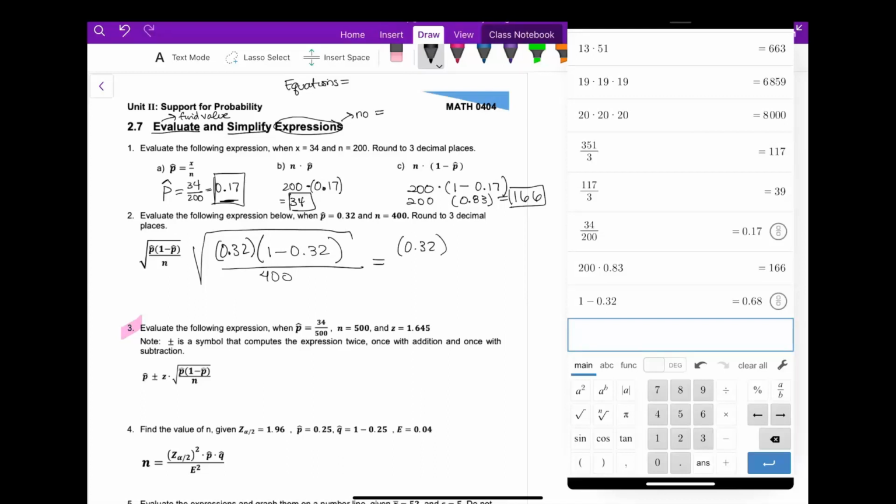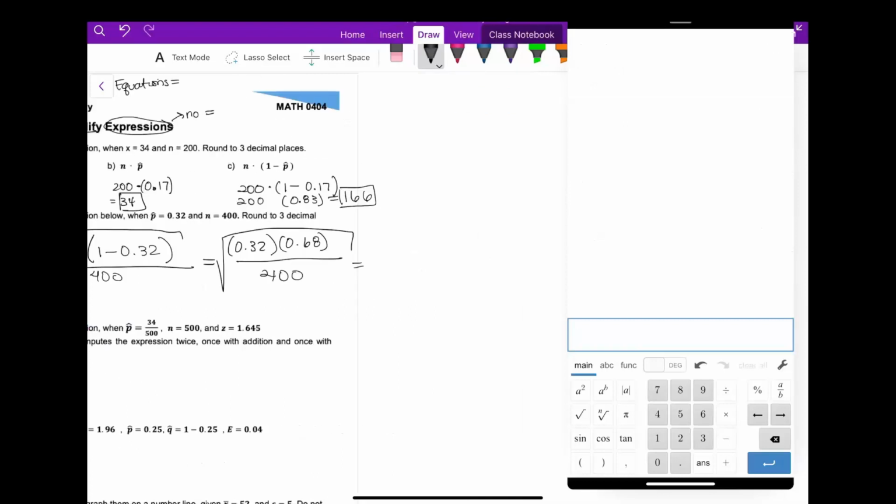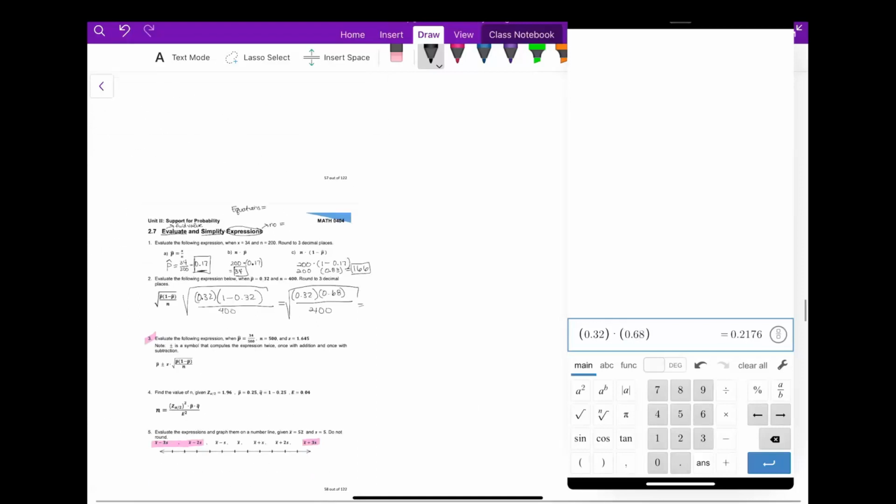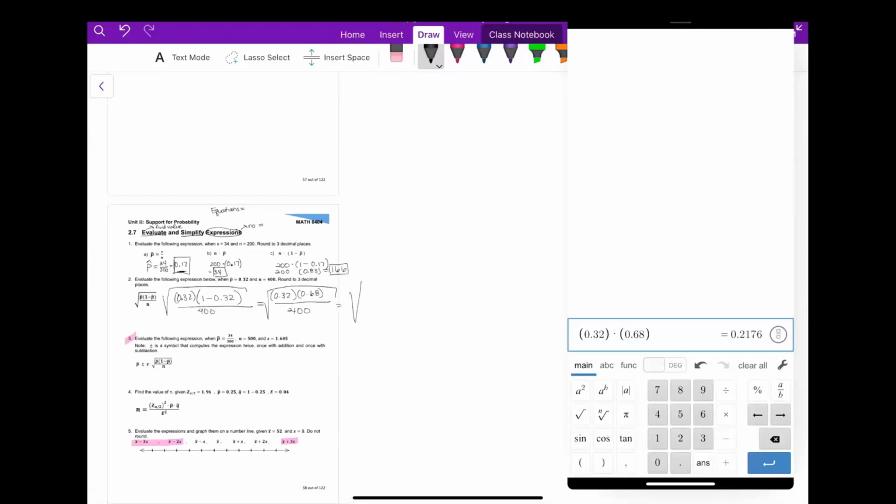And I like to show all of my steps. If you are super handy with your calculator, go ahead and do it in one step. That's okay. So we have 0.32 times 0.68, and this will be the square root of 0.2176.